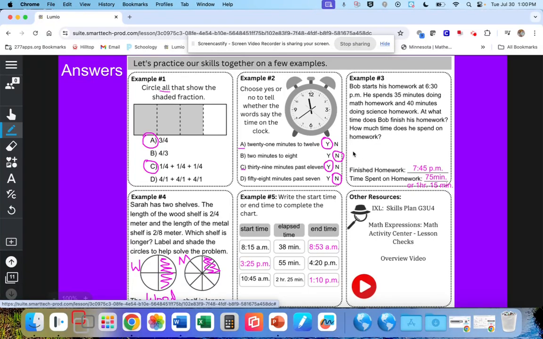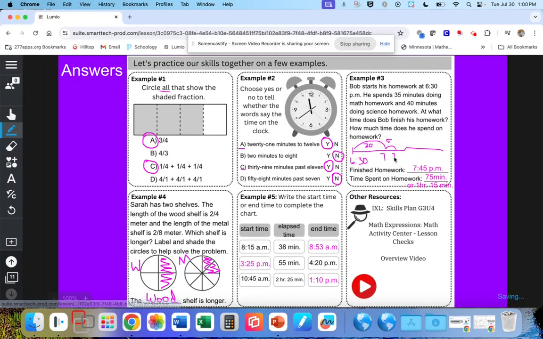So again, we can choose to do this in a T chart or a number line. Whoops, that number line got a little squiggly. We started at 6:30. If we add in our 30 minutes, we're at 7. We need 5 more minutes to get us to that 35 mark.